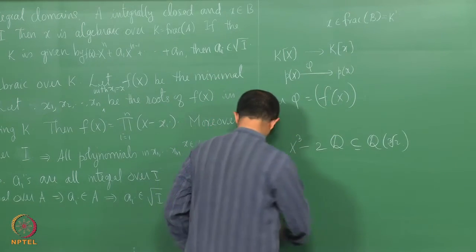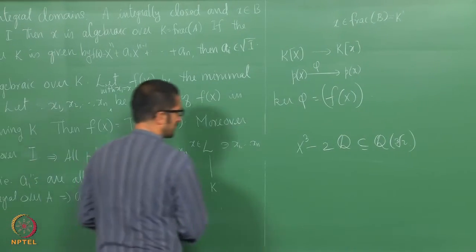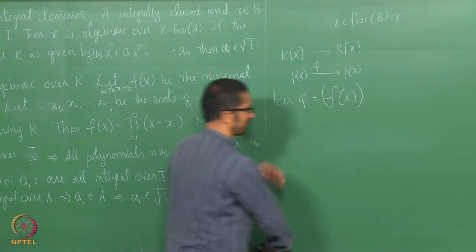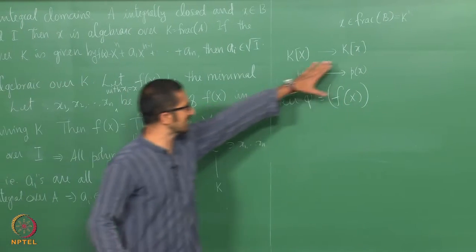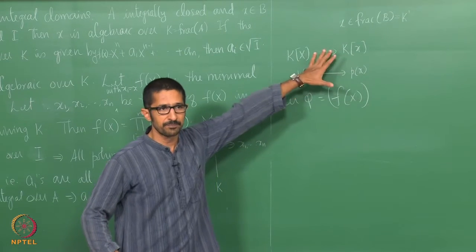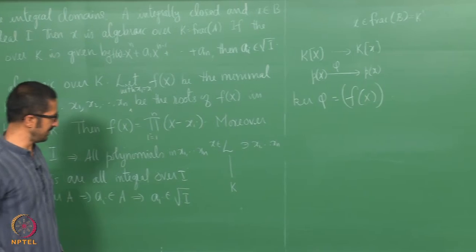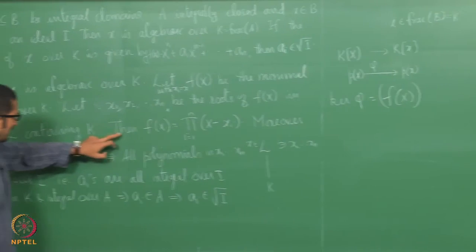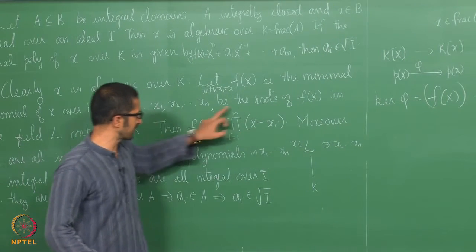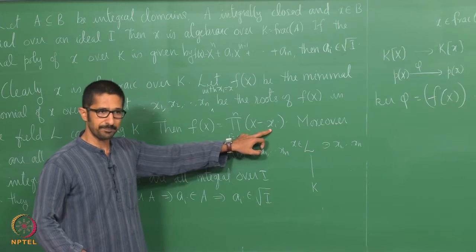So, just look at a field where all the roots are, or you just attach those elements to the base field K, look at that field, then you can write this f x as a product of x minus xi.